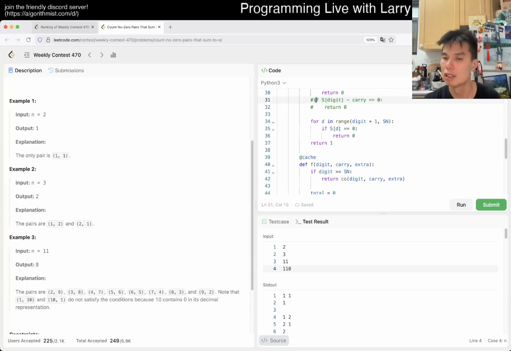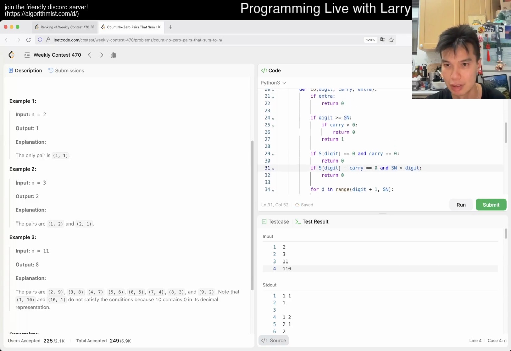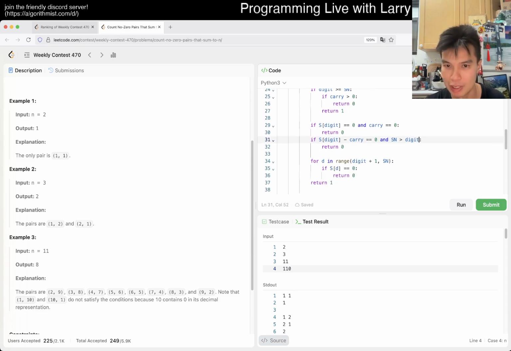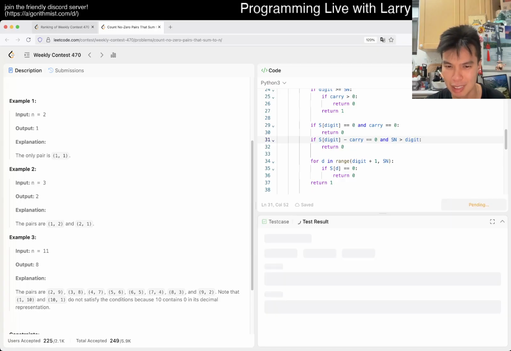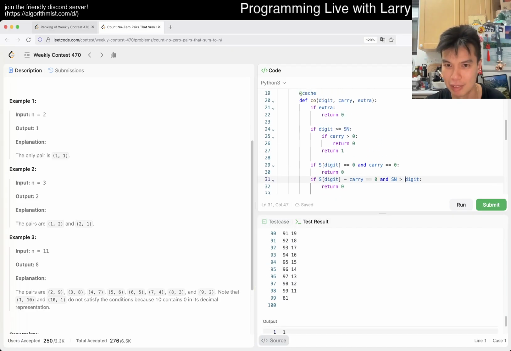Okay, I see. But this is only true if SN is greater than digit or something, right? Because that means you have more digits, right? Something like that, maybe. But it doesn't really make sense because we handled it here.